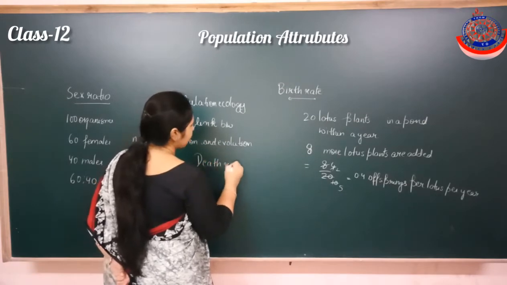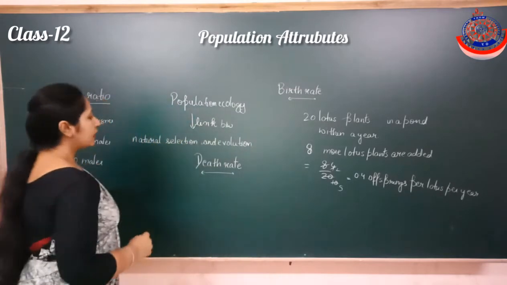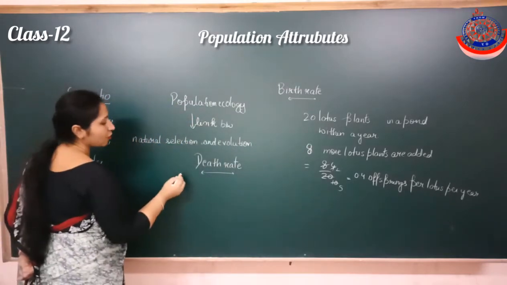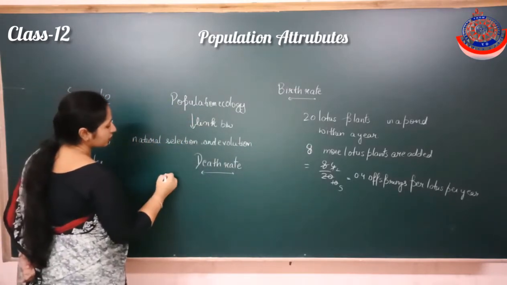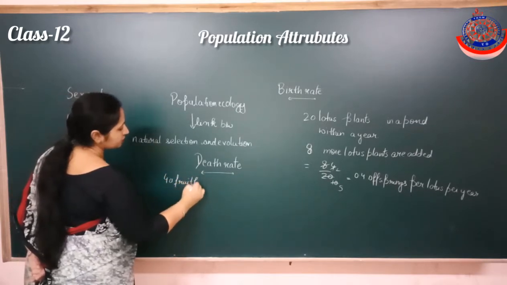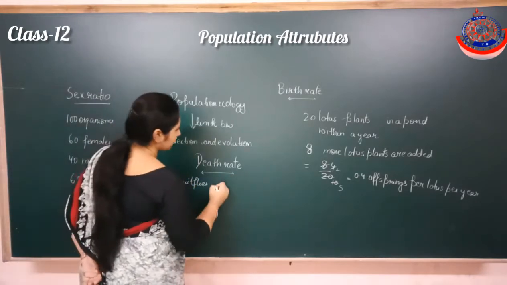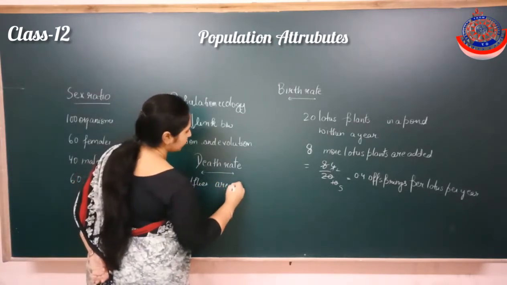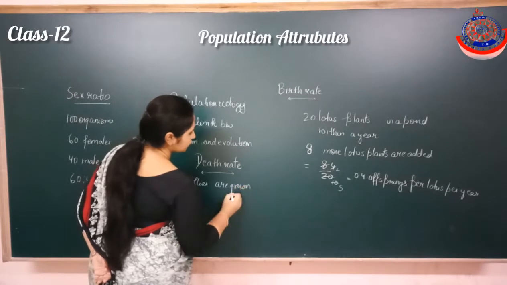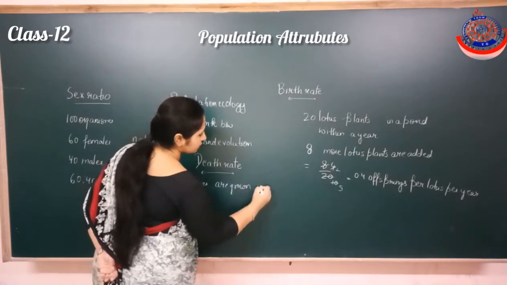We will take one example for this. Around 40 fruit flies are grown in the laboratory during an experiment.